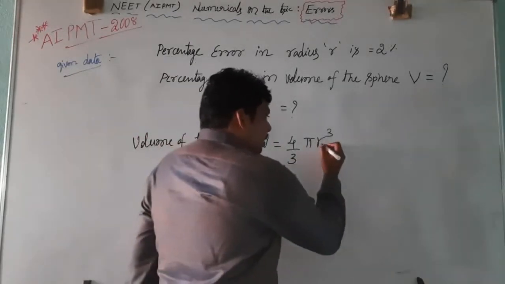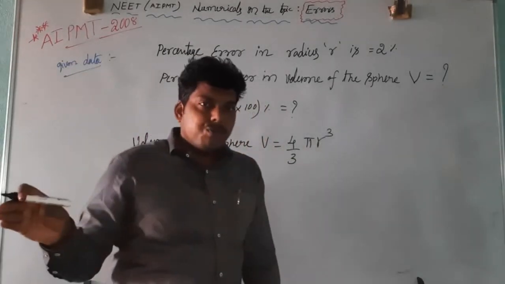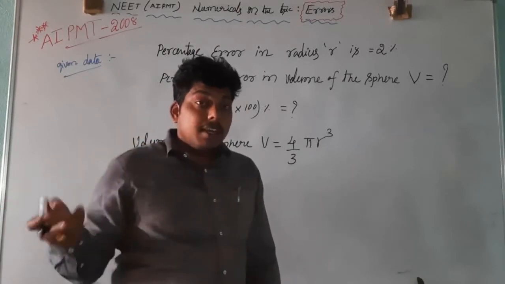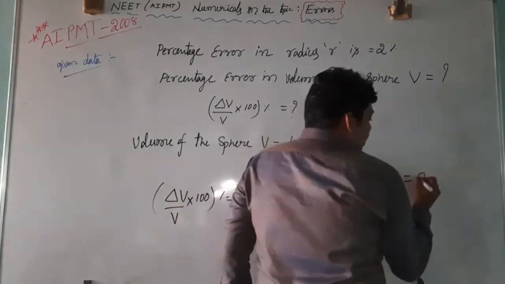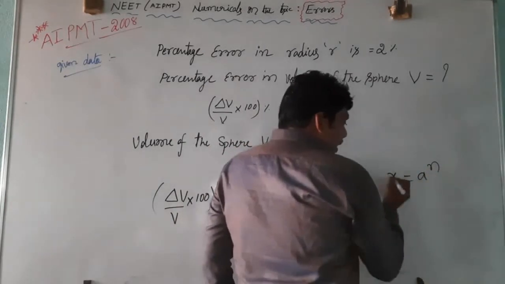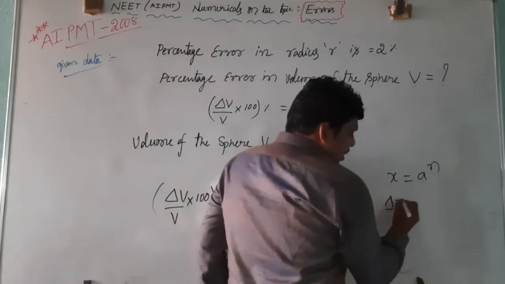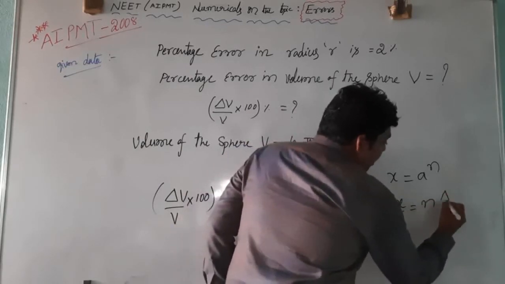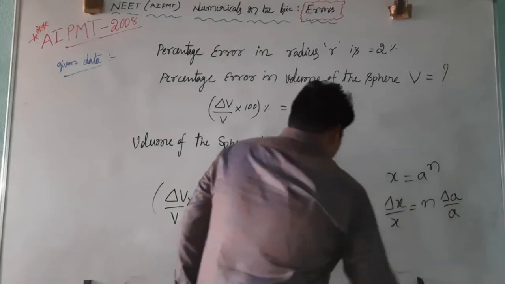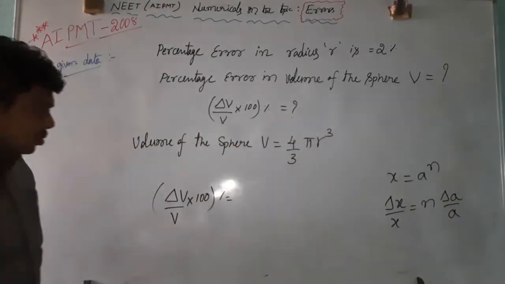But here it is not a ratio or a multiplication, it is the power of the physical quantity. When a power of a physical quantity is given, x is equal to a to the power n, relative error in x is given by delta x by x is equal to what? n into delta a by a. In the previous three problems we have used this.